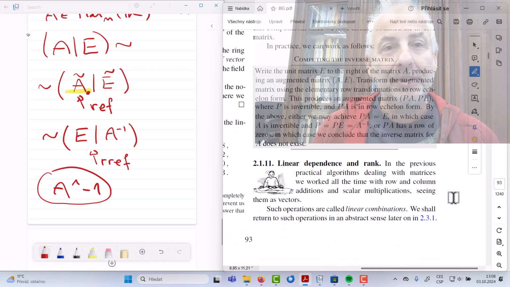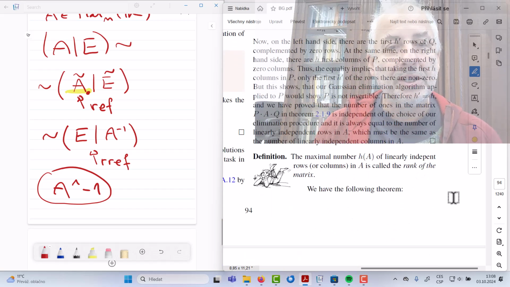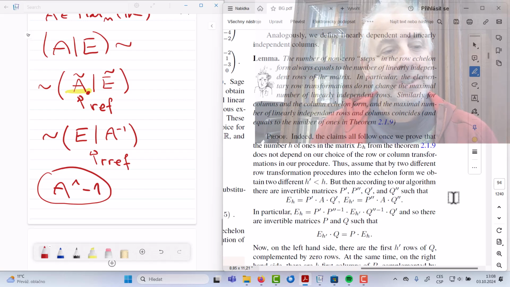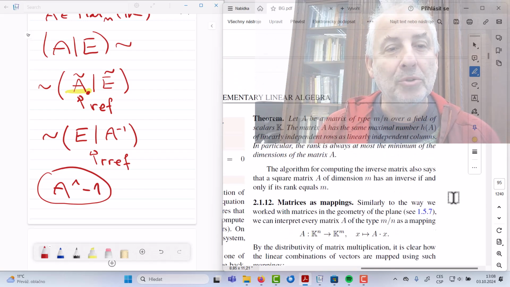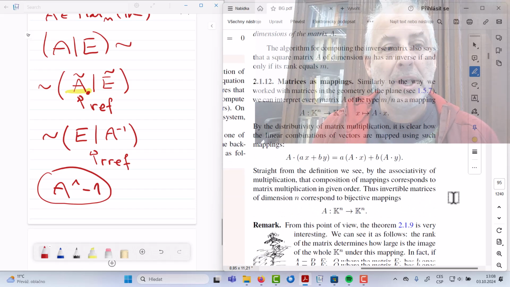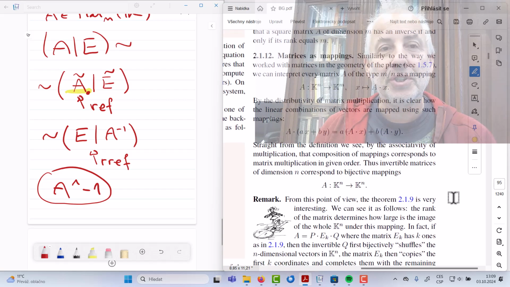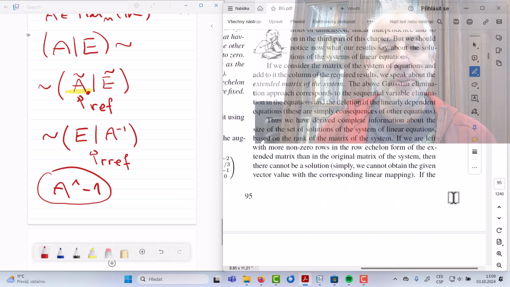It's all described here, and in the end you see it takes some effort, and we have got these steaming heads here, etc. How to prove things, and here is what I already explained, the matrices as mappings, and that's it. So this was enough for this part of our week.